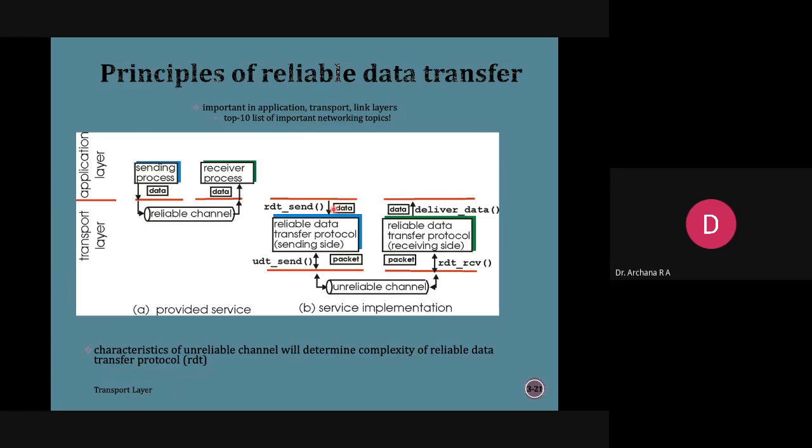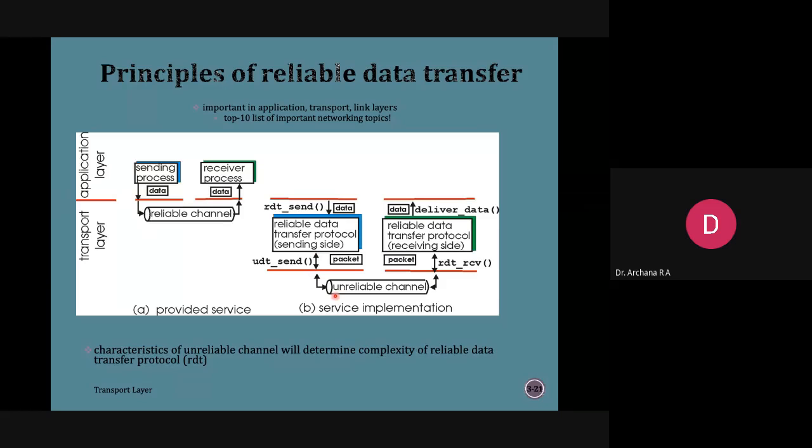Since it is reliable, the data will also be reliable. From the transport layer protocol, it may be sent through the link layer protocol or the physical medium, meaning whatever lower layers exist.